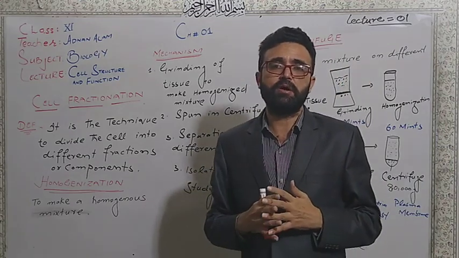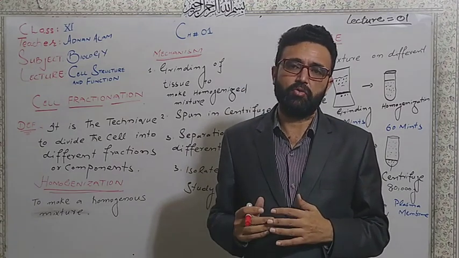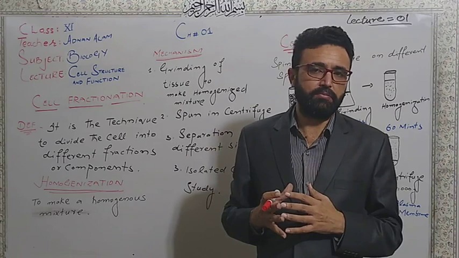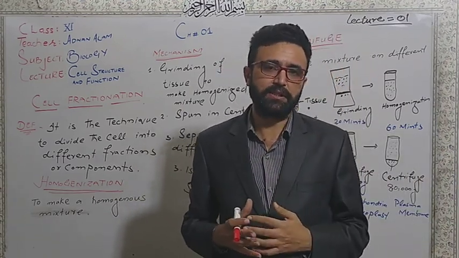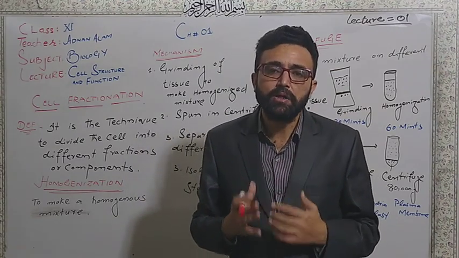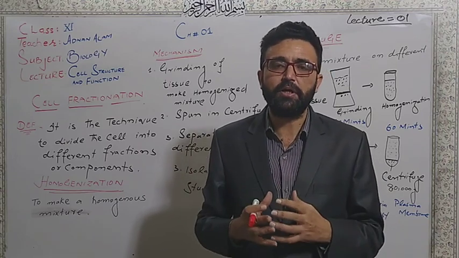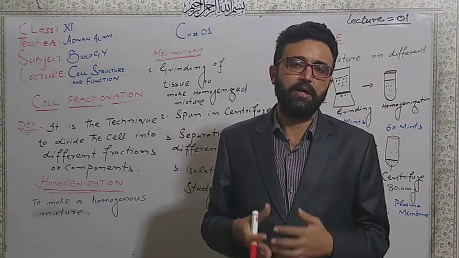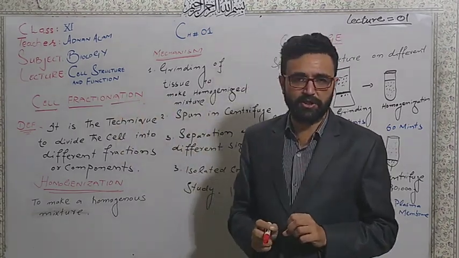My dear students, if we study the cell under the microscope, we can study the cell, but still some of the organelles which are present in the cell are not visible to us. So we need to isolate them. For isolation of the organelles present in the cell, we use this technique called cell fractionation.